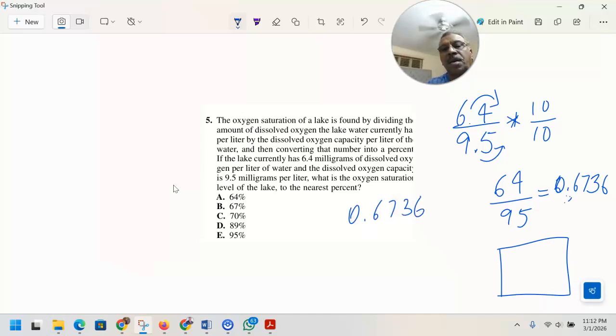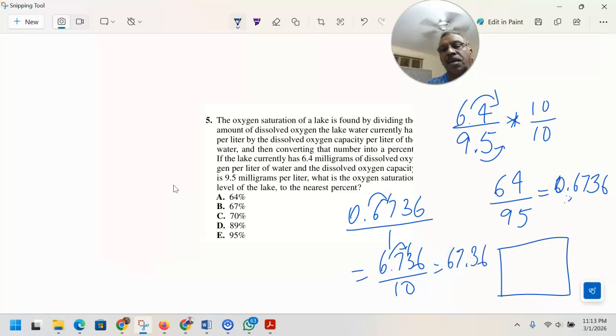0.6736. What does that basically mean? It is out of 1. That means if I move this one place, it is 6.736 divided by 10. And if I move one more place, it will be 67.36 divided by 100. So this is the percentage, 67.36%.